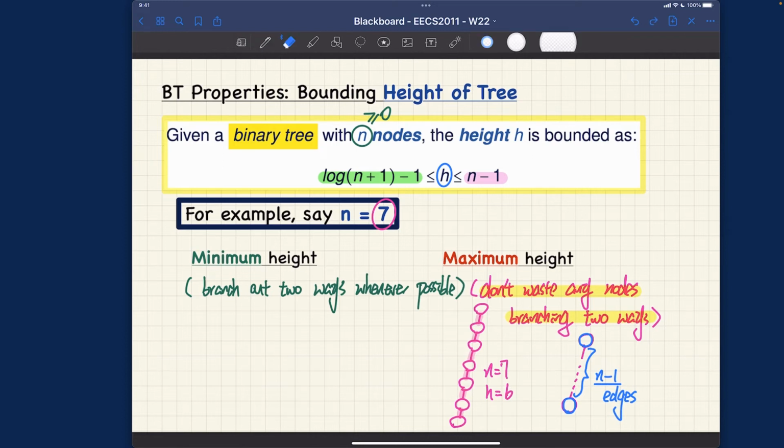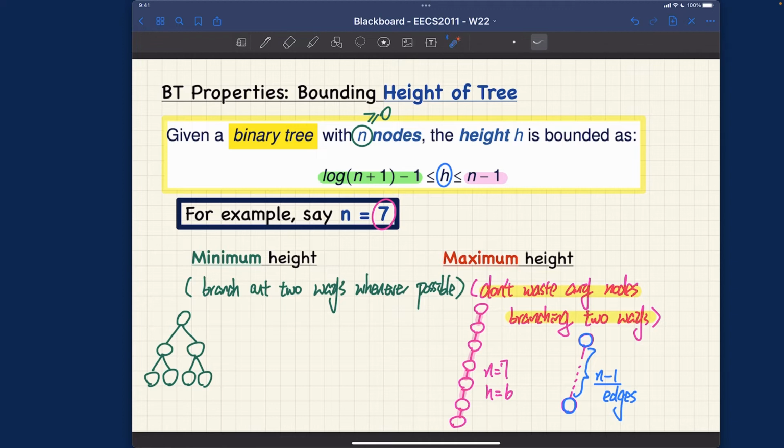Let's say we start with the root, and we're going to branch out 2 ways over here. So we get to level 1. And we're going to branch out again for every node whenever possible. You can see that's exactly the strategy for maximizing the number of nodes at each level, right? It happens to be the same strategy for having the minimum heights.